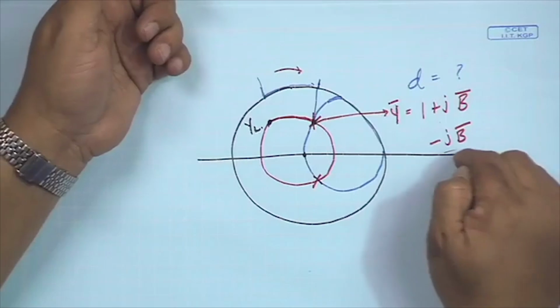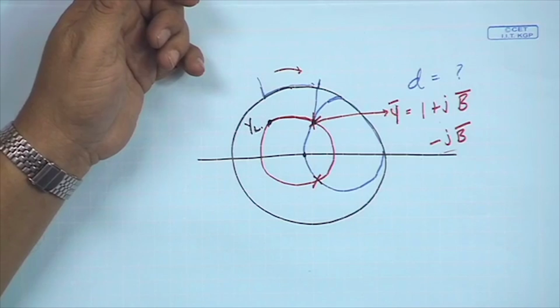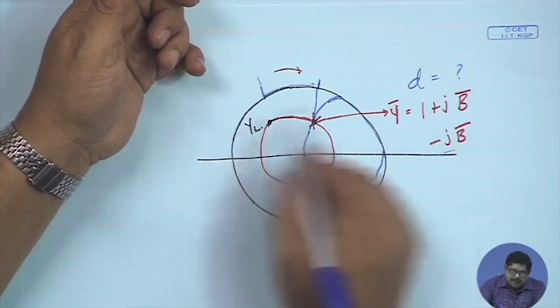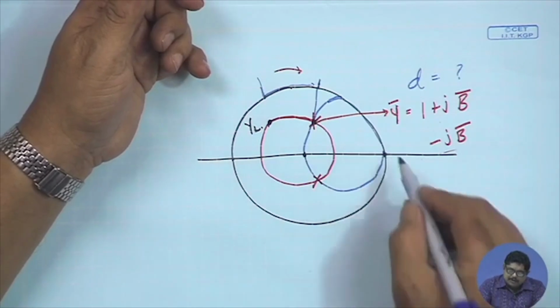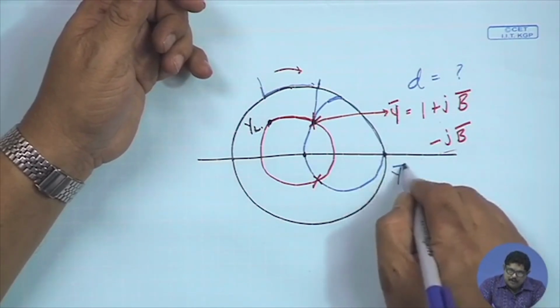Now, how can you do that? Minus jB bar, if you have, let us say, a short stub. Short means what? In the admittance Smith chart, this is your short circuit, y bar equal to infinity.